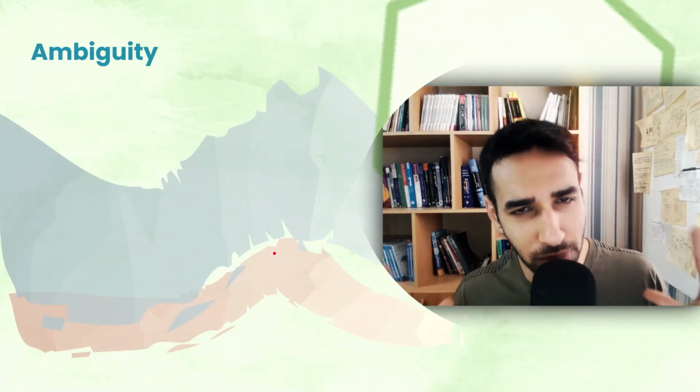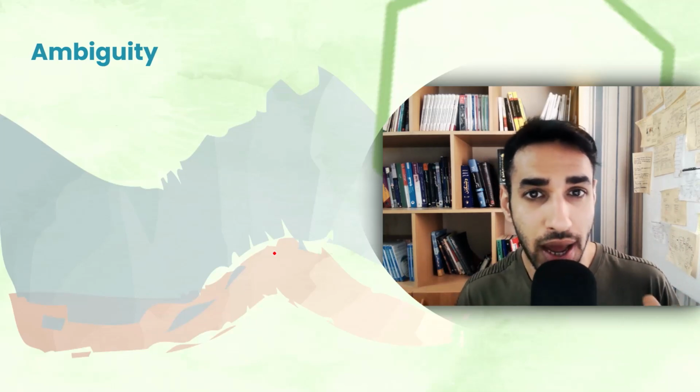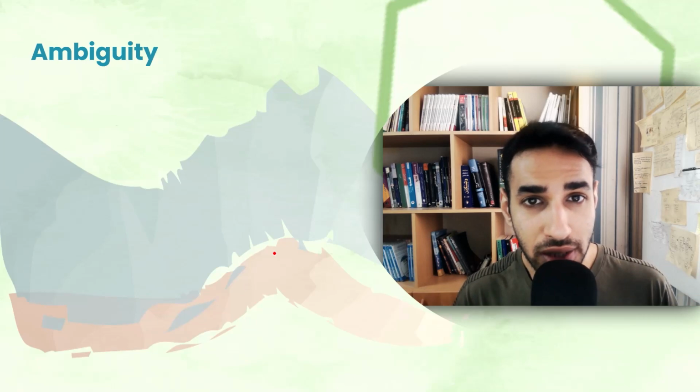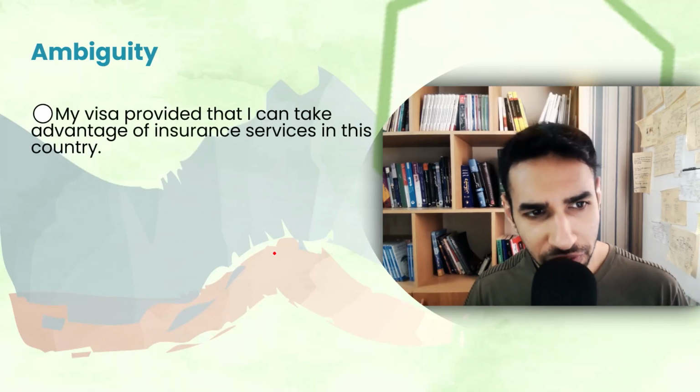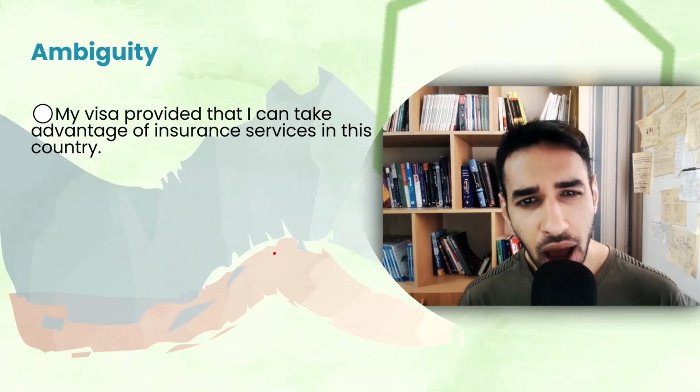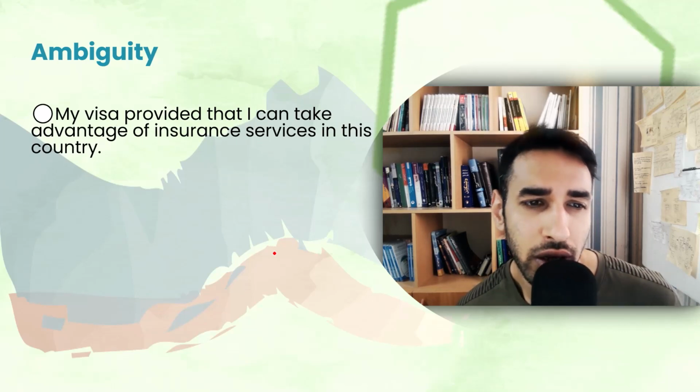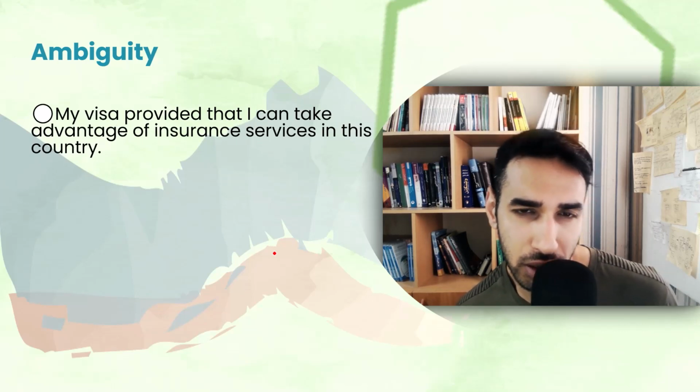Ambiguity. Bear in mind that the phrase provided that has numerous meanings, and you should be careful not to use provided that with other meanings when you want to talk about a condition. For example, my visa provided that I can take advantage of insurance services in this country.